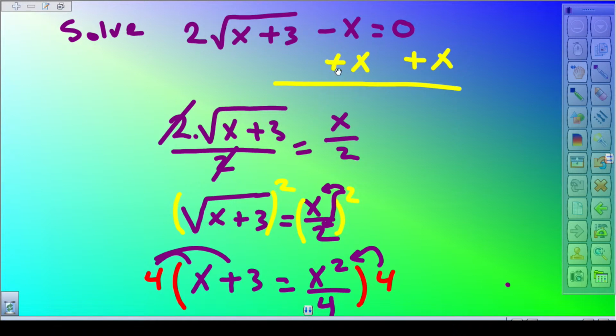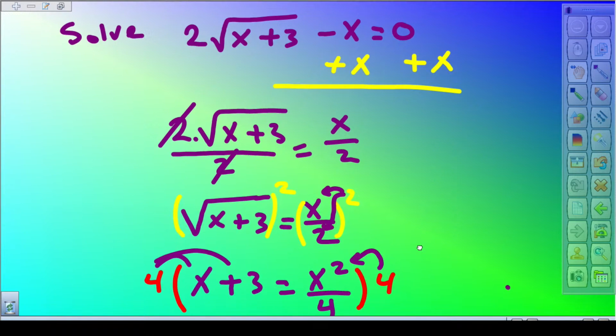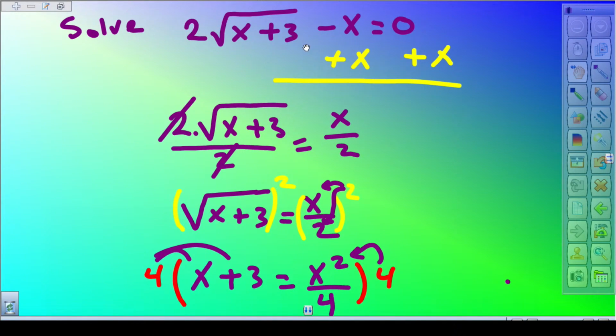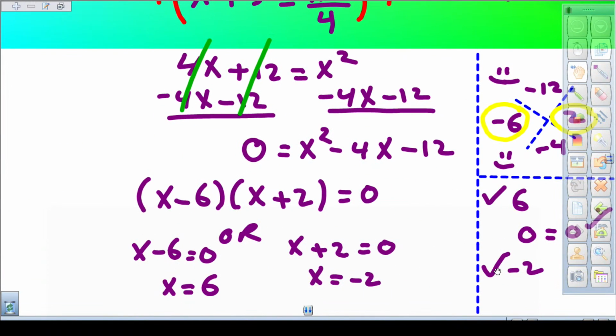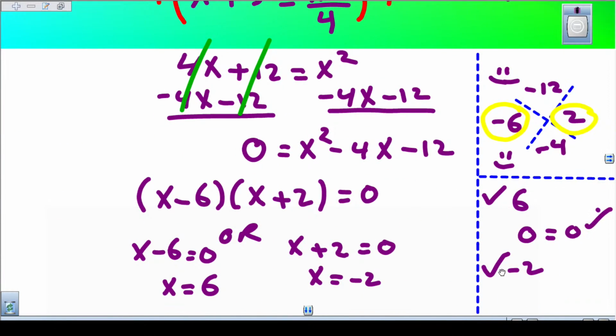I should check all the way up here. If I put -2, so -2 plus 3, think with me a little bit here. -2 plus 3 is going to be 1. Square root of 1 is 1 times 2 is 2. 2 minus, but there's a negative here. It's basically saying 2 minus -2.